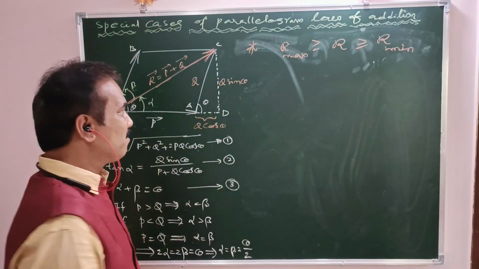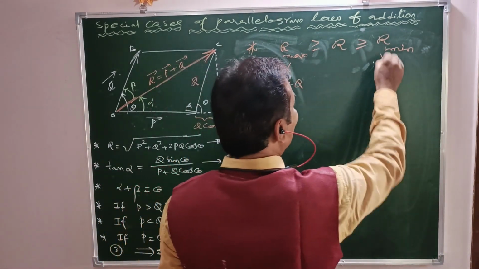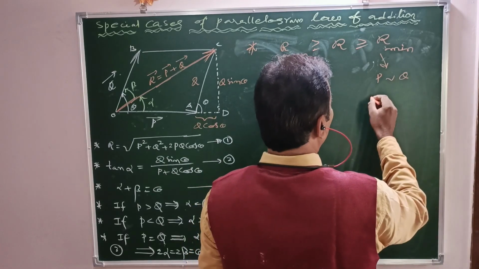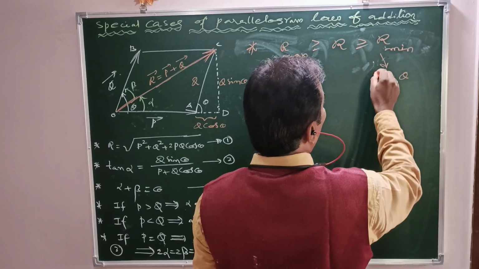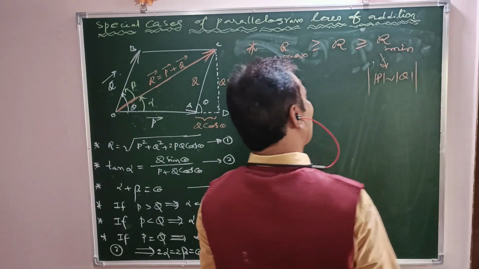What is R maximum? That is P plus Q. What is R minimum? That is P difference Q, that is mod P bar difference mod Q bar, with one more modulus.